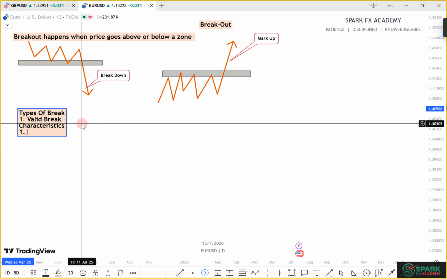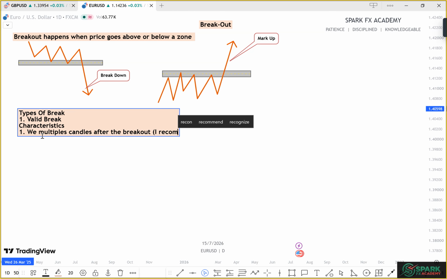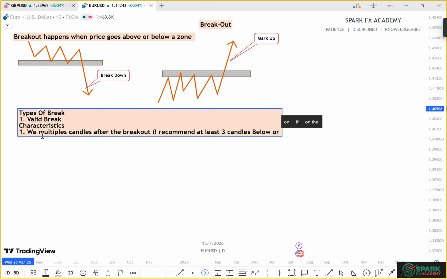Number one, we see multiple candles after the break. So I recommend at least three candles below or above the zone.